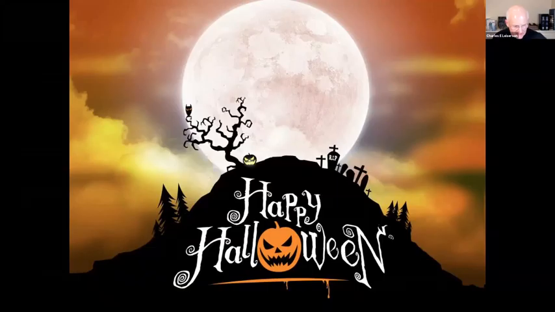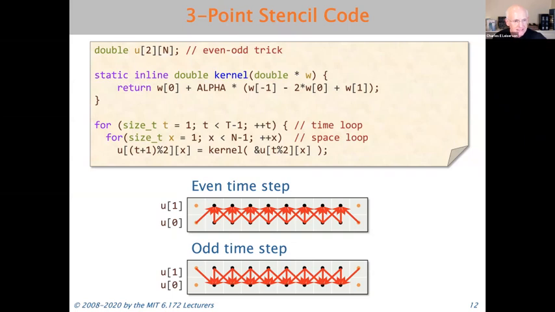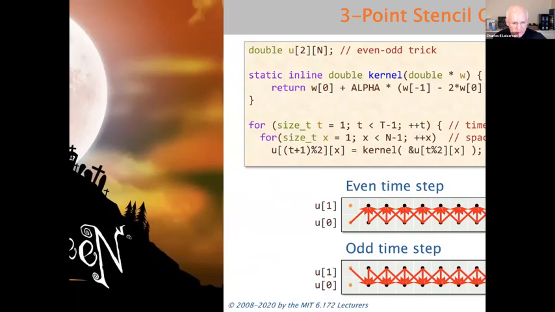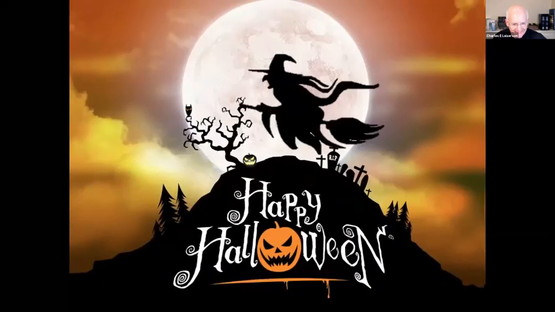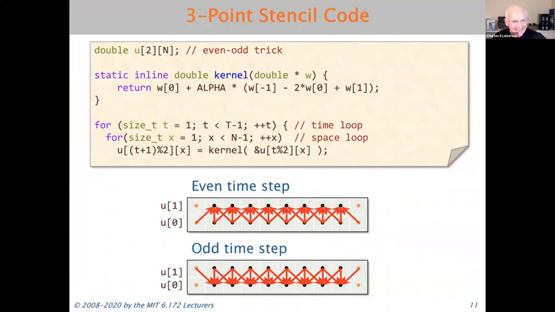Well, if you pass, back in this code, okay, if you pass, so we're passing the address of the index, right? There are other ways you could express that.